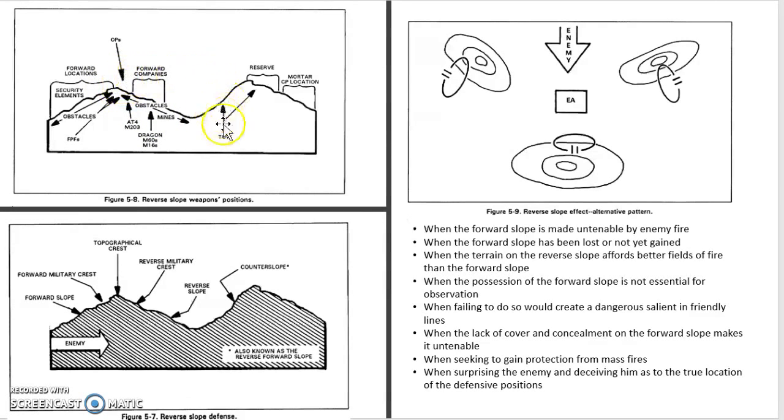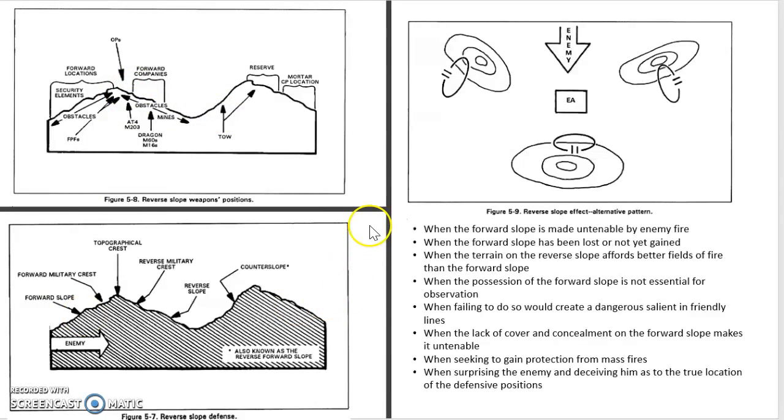On this side, they also have some TOW missiles or wire-guided missiles, where if a company had a break contact, or this unit had a break contact down the reverse slope, you have missile gunners that can take out any kind of enemy pursuing force.